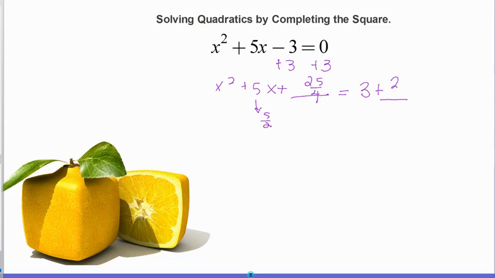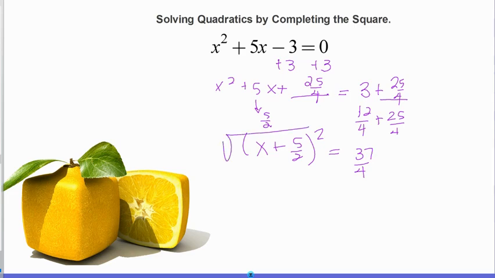If I add 25 fourths to this side, I need to add 25 fourths to this side. So that means my perfect square here is going to be x plus 5 halves squared equals 3 plus 25 fourths. Well, if I'm going to do that, I need to change 3 into something fourths. So I believe that that's 12 fourths. It's 25 fourths. Gives me 37 fourths, as long as I did my math right.